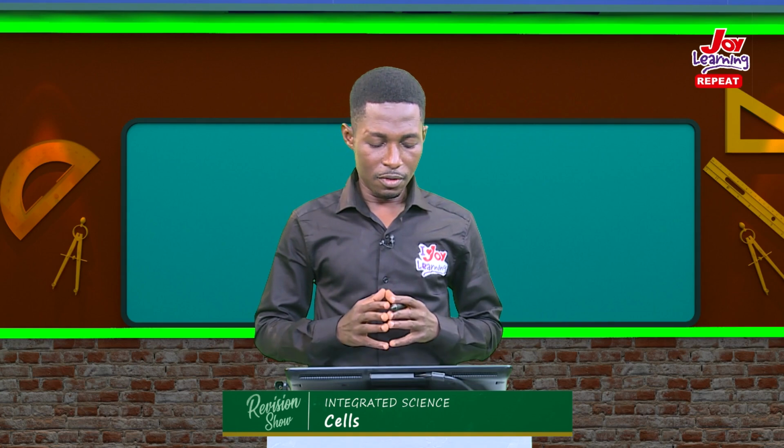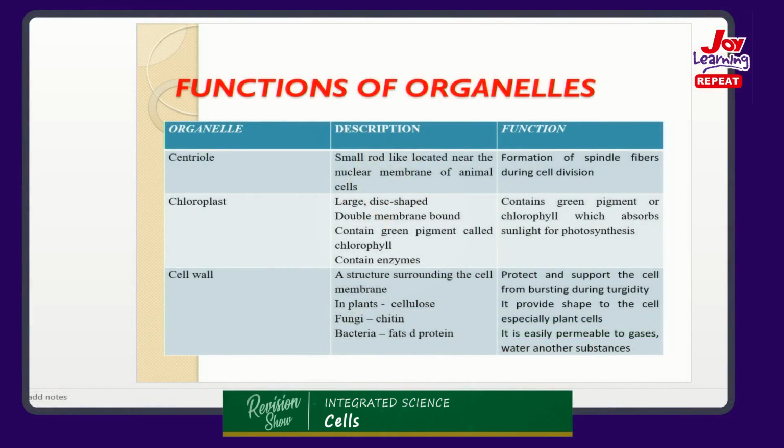Now the last two are organelles. One is an organelle, one is just a structure. The chloroplast is an organelle found only in plant cell. What the description, so that when you get to the exams, one is large, it's disc shape. It's large and it's disc shape, so that it looks like an oval structure.